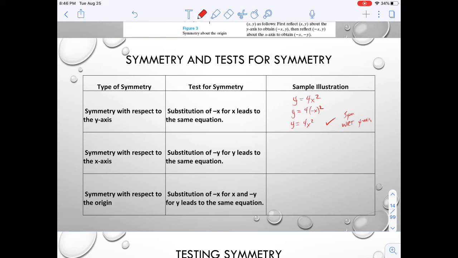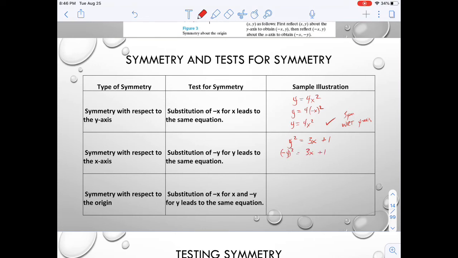Symmetry with respect to the x-axis. I'm going to do almost the same process, except I'm going to substitute the opposite of y for y, and see if I lead to the exact same equation. Again, a relatively straightforward example: if I had y squared equals 3x plus 1, and I substitute the opposite of y for y, I would have the opposite of y, all squared, equals 3x plus 1.